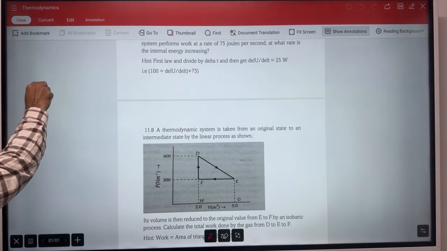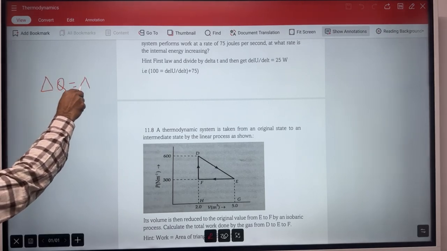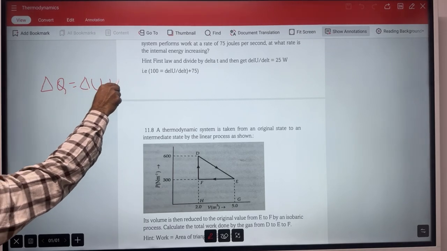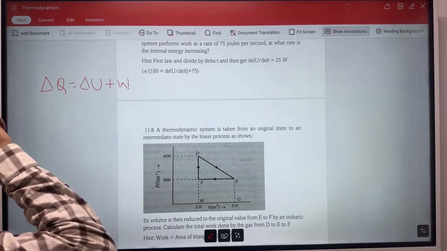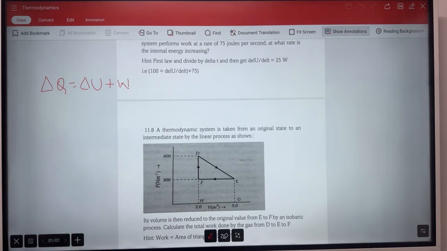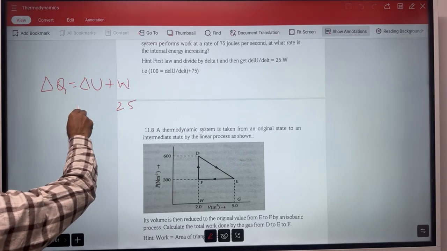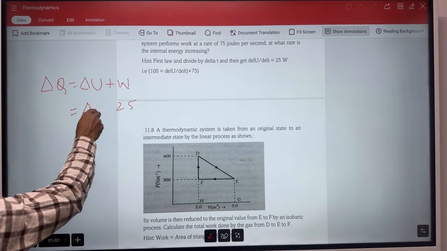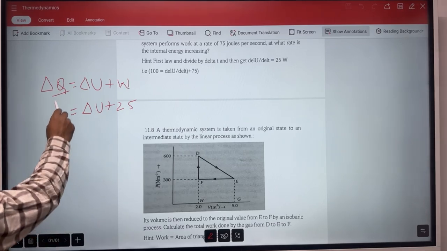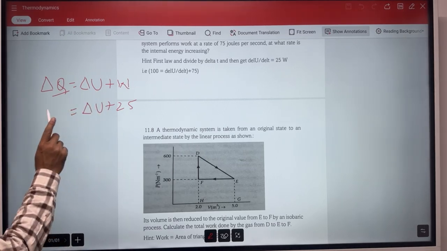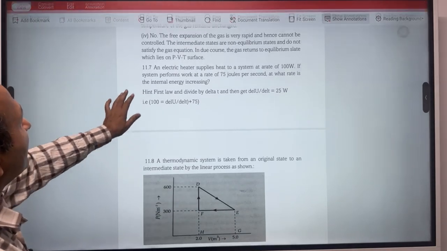Here we apply the first law of thermodynamics, delta Q equal to delta U plus W. Here the question says that work done is 25, and we have to find out what is delta U. Delta Q is given as 100, but not delta Q. Keep in mind it is given in terms of rate. Be careful. You have to reread the question.